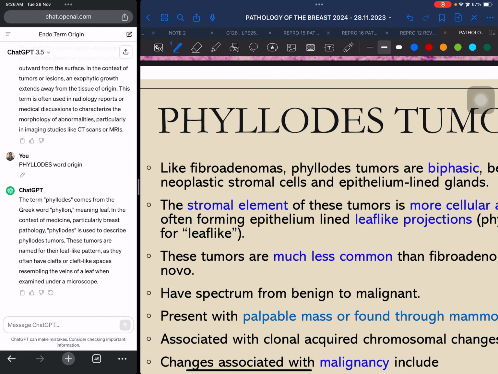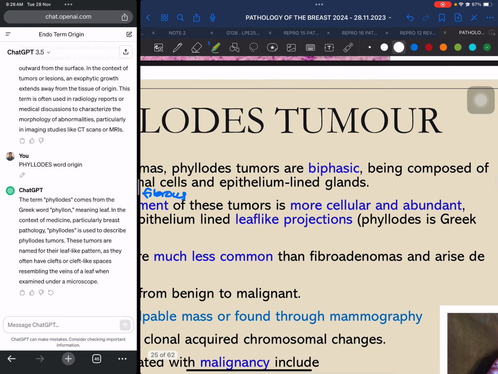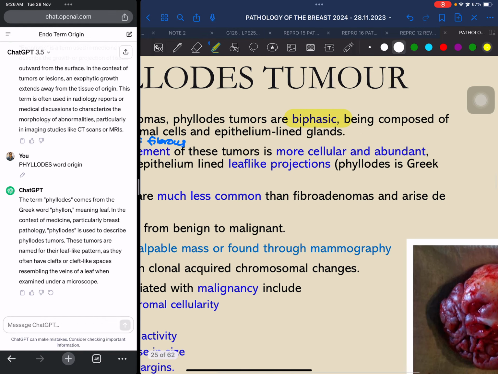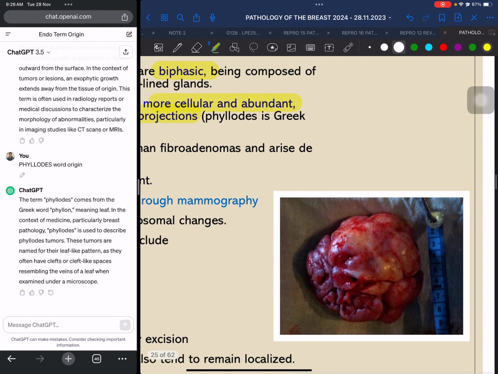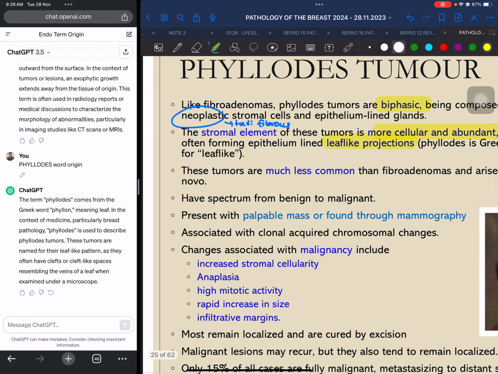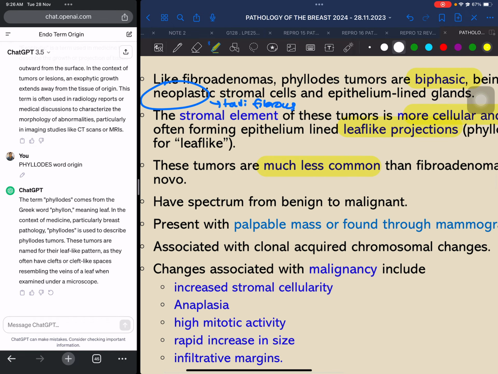The changes associated with malignancy in phyllodes tumor are an increase in stromal cellularity, cellular anaplasia, high mitotic activity, rapid increase in size, and infiltrating margins.